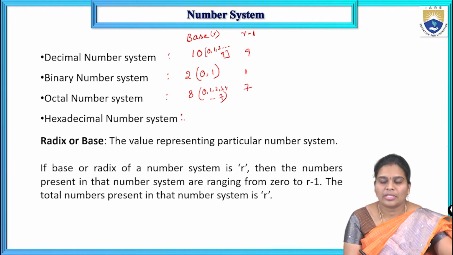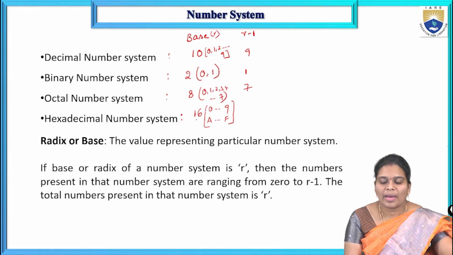Next is the hexadecimal number system. In this system the base value is 16. It includes numbers as well as alphabets: from 0 to 9 are the numbers, and A to F are the characters.